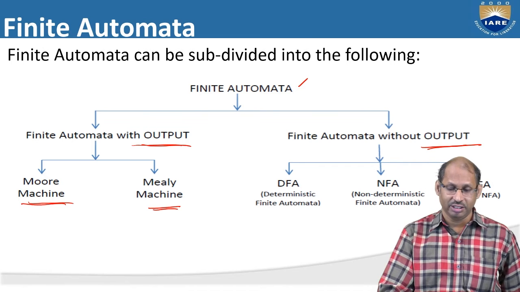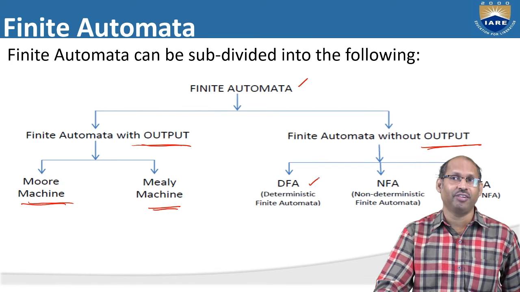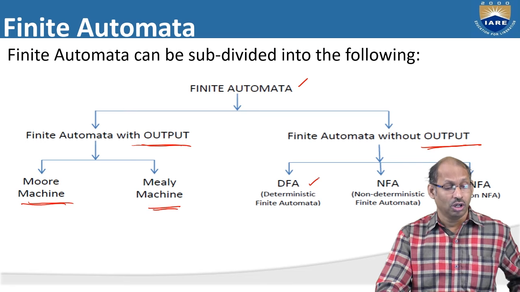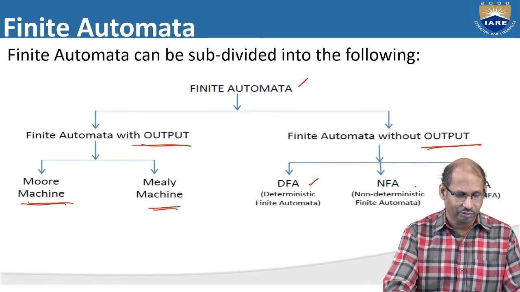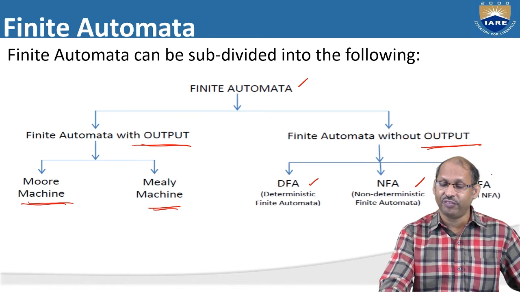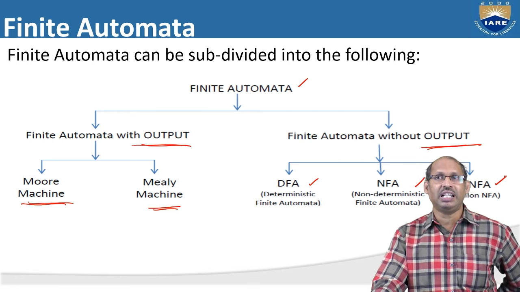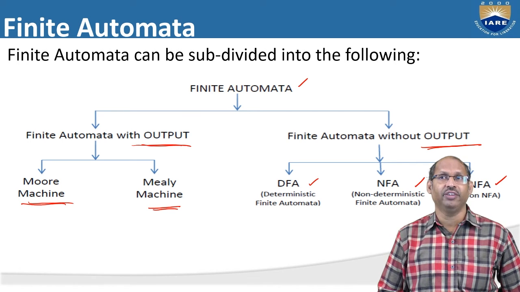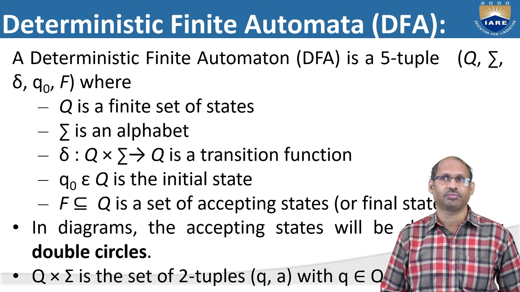Then we have deterministic finite automata, non-deterministic finite automata, and NFA with epsilon symbols. Epsilon means the empty symbol. So these are the different forms of finite automata.